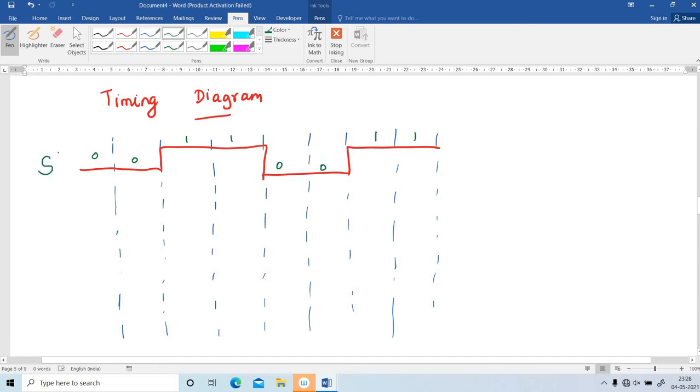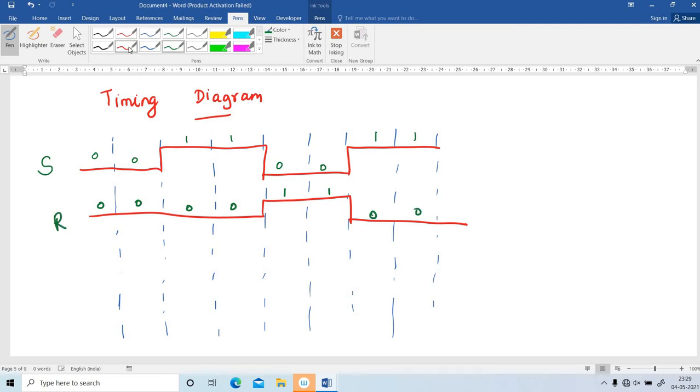This is for S. And next, I am going to draw the next parameter R. Up to this, it is 0. Next one, again 0. 0, 0, 0, 0, 1, 1, 0, 0. This is R.